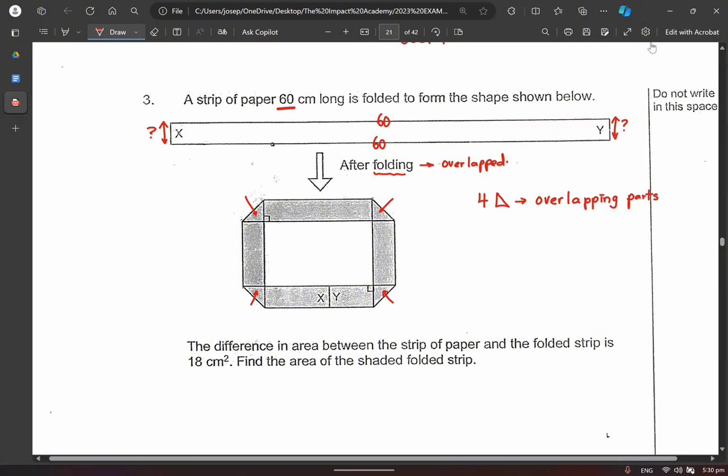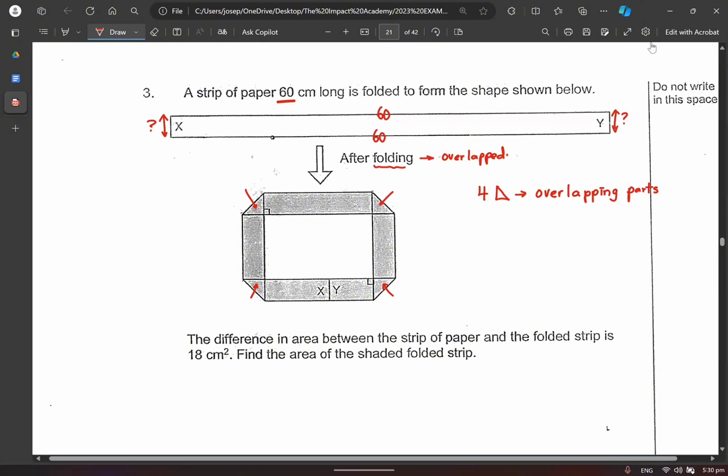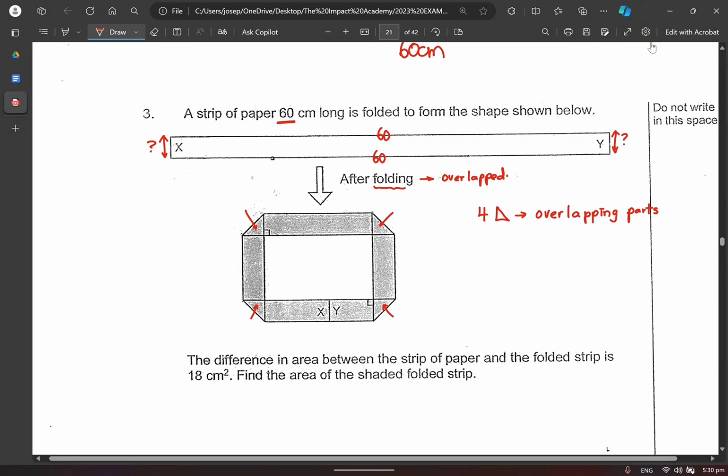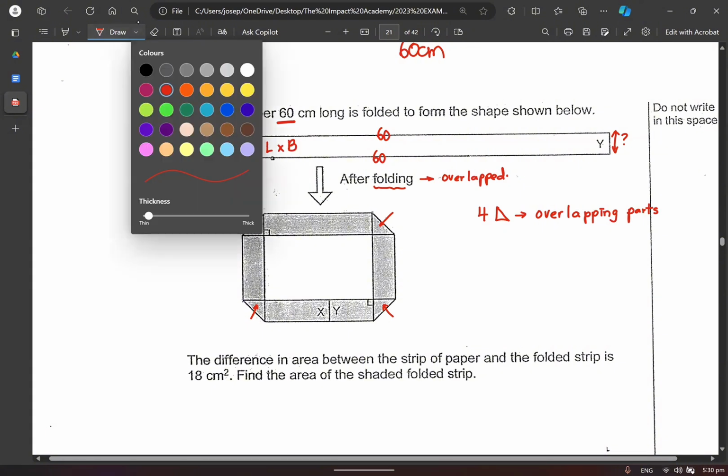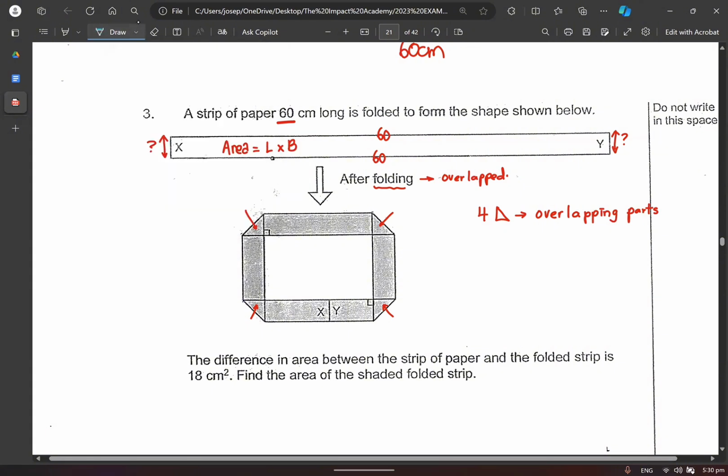Now, when you find the area of the unfolded strip of paper, what do you think the area would be? The area will be the length times the breadth. But when you come to this, you realize that the area is basically number 1 plus number 2 plus number 3 plus number 4, and we still need to add the overlapping parts.